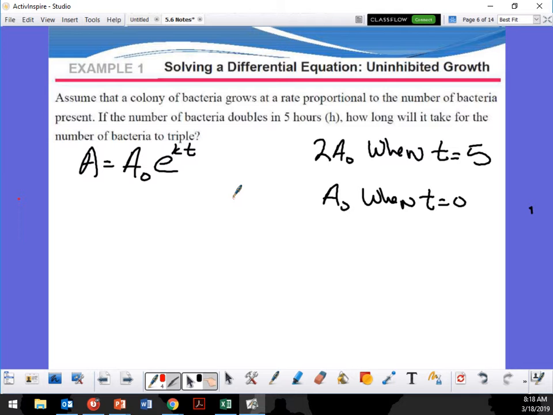Okay, so I know that A of 0 is equal to A sub naught e to the k times 0. So all this right here is going to be A of 0 equals A sub naught.